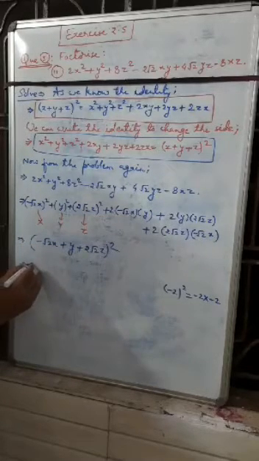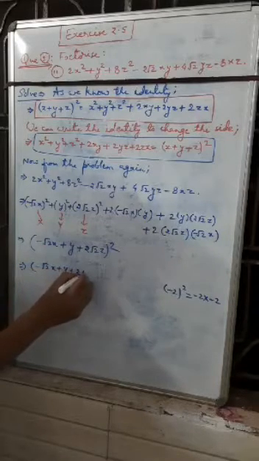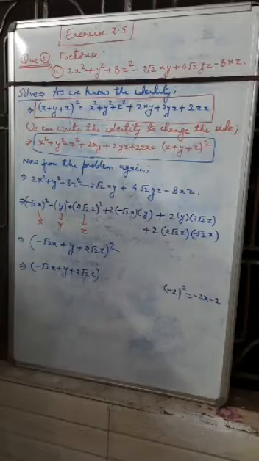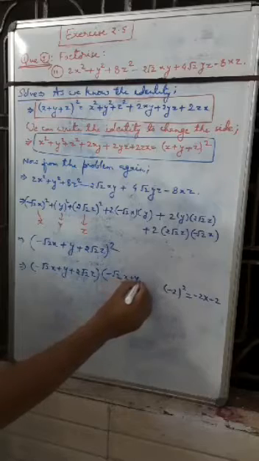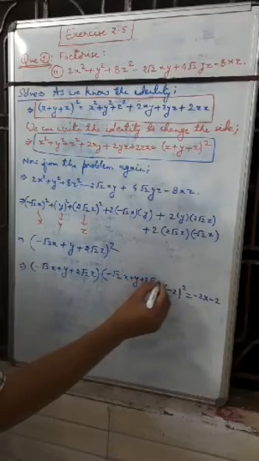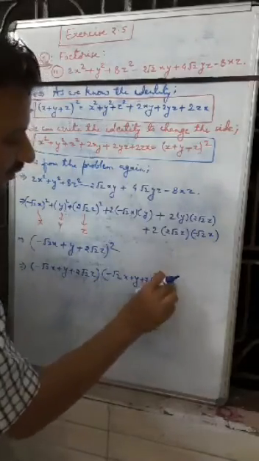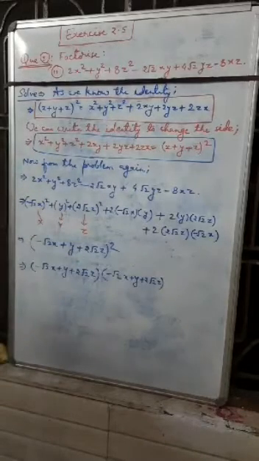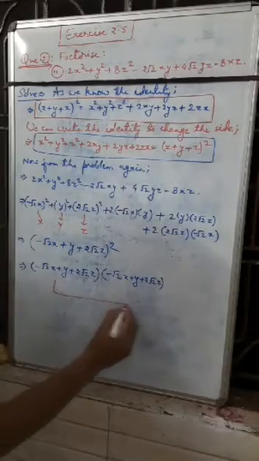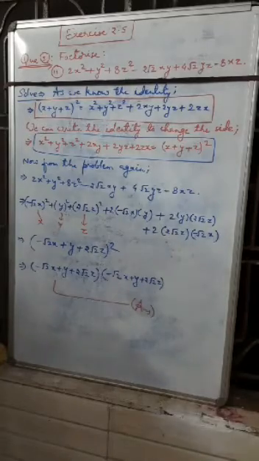So we can write the equation like this: root 2x plus y plus 2 root 2z in one bracket, and again root 2x plus y plus 2 root 2z. Square means we have written the same number 2 times, so it is the product of the same number 2 times. So this is the answer of the given question or given equation.